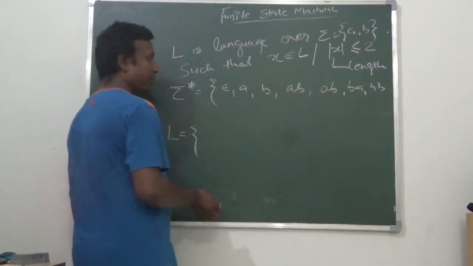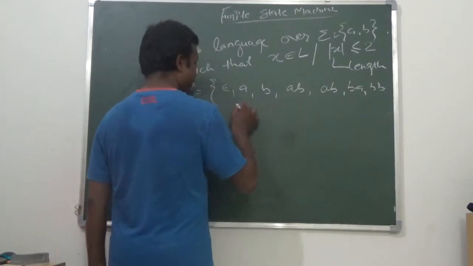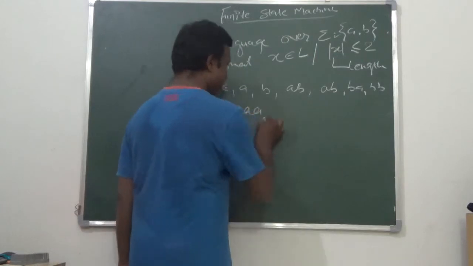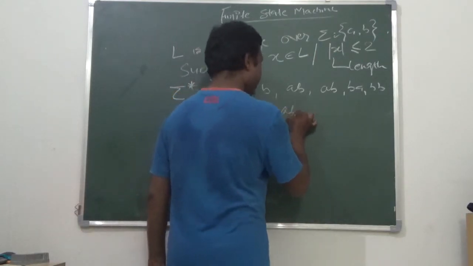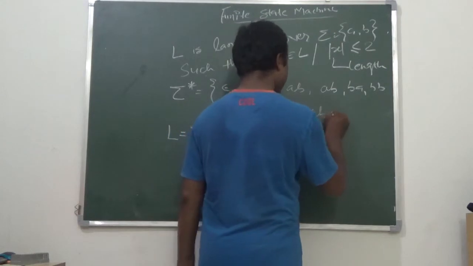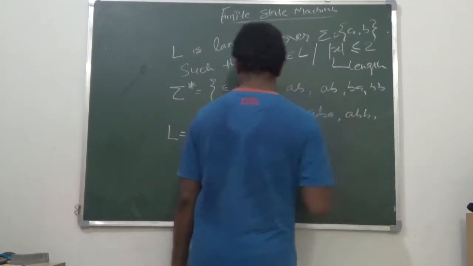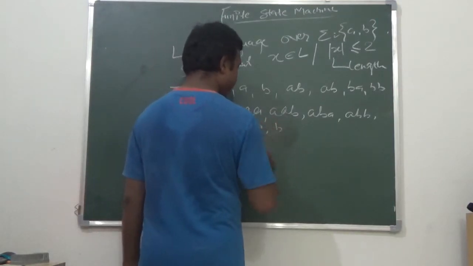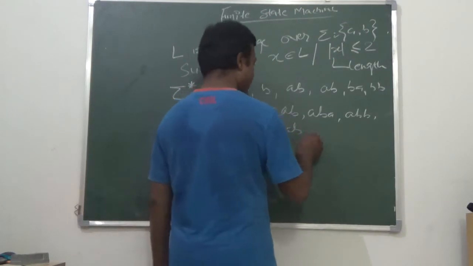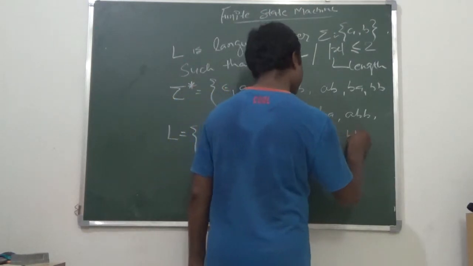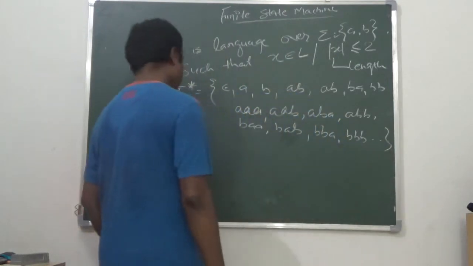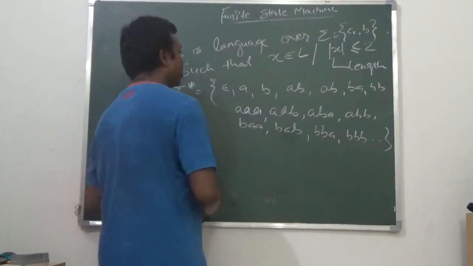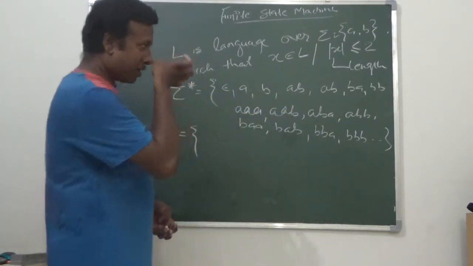If you think about the set properly, the set does not stop at this point, it is going on. Let's say another is AAA, AAB, ABA, ABB, then we have BAA, BAB, BBA, BBB, and then keep on going. So what we need to choose from this set is all the strings whose length is at most 2.